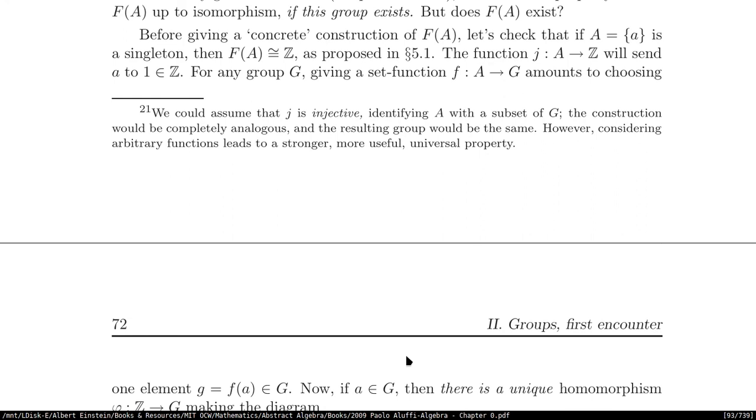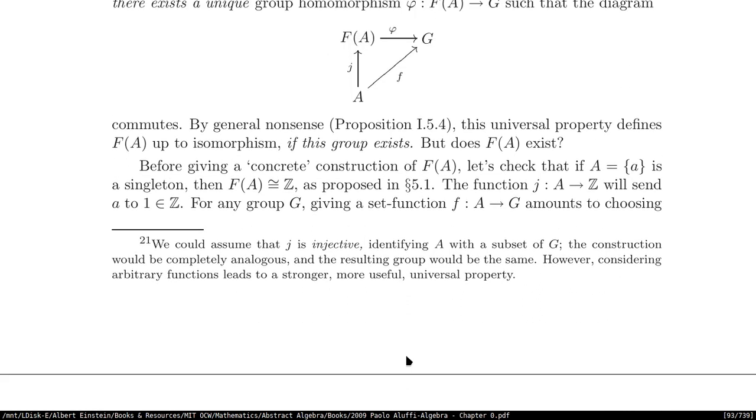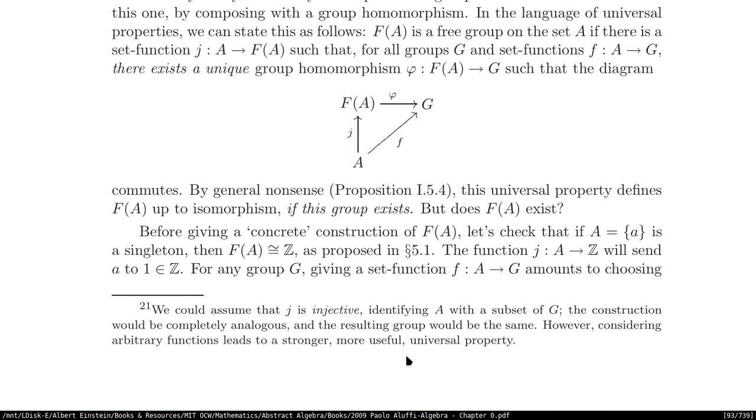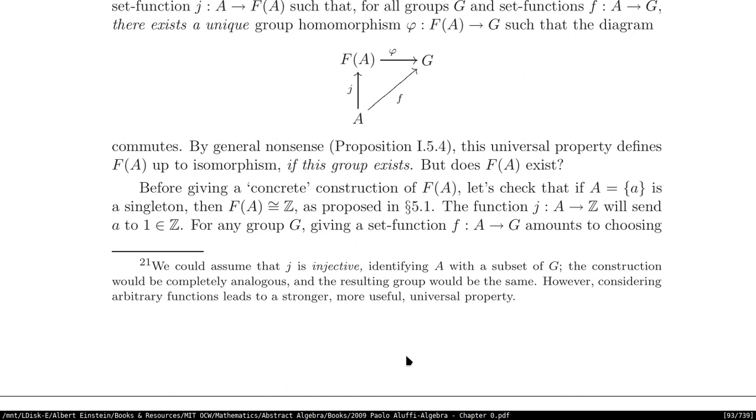Now what you do, the first step, is find this j, which takes you from A to Z. So it takes the element A to the identity in Z. I think here he's thinking about 1 as a generator for Z. Yeah, A to the 1, it means, right?